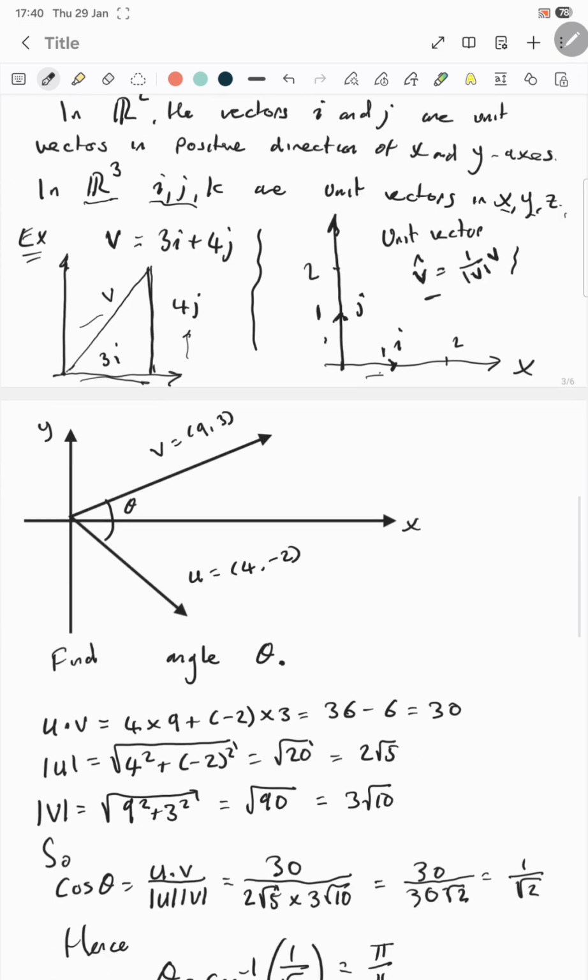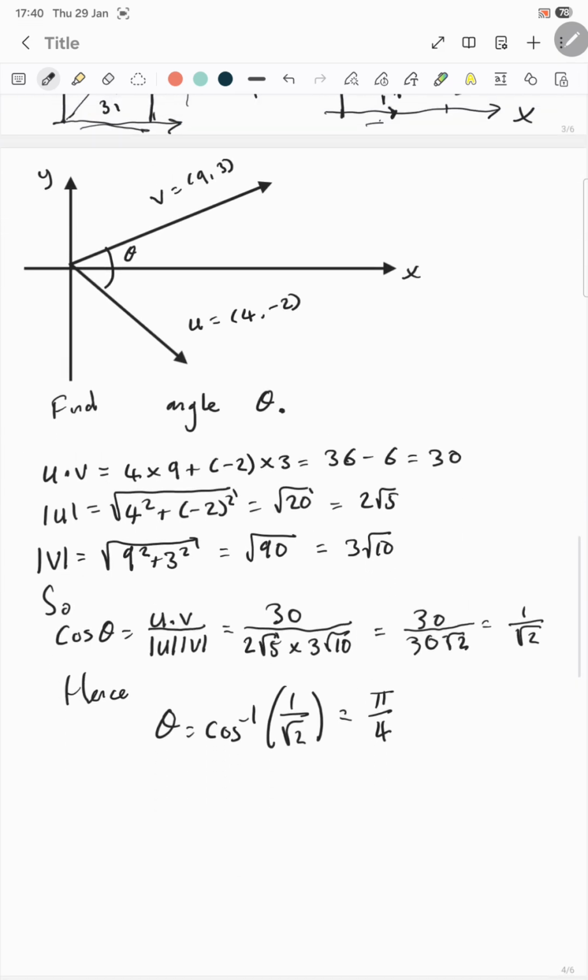That's our unit vector. So here we're going to give an example where there's some trigonometry involved. V is at the point 9, 3, and U is at the point 4, minus 2. We find the angle theta. From our dot product, U dot V, we get 4 multiplied by 9 plus minus 2 multiplied by 3 equals 36 minus 6 equals 30.